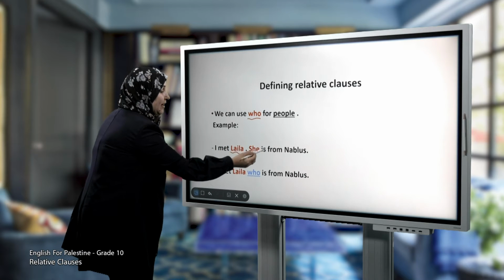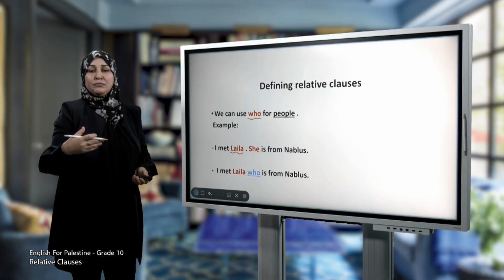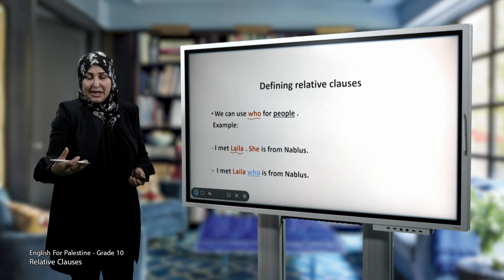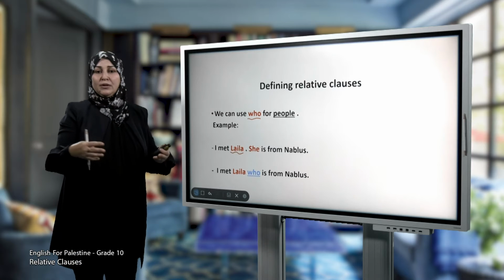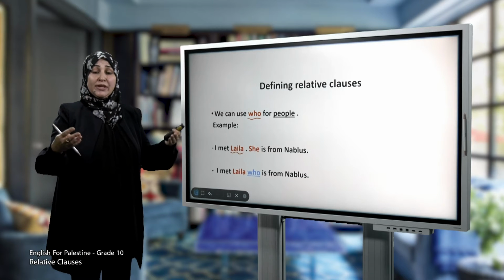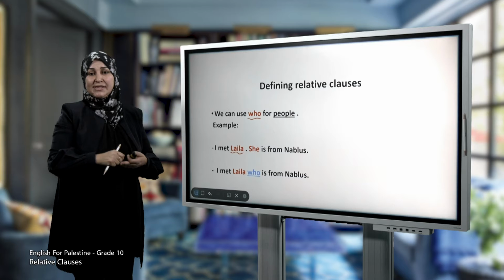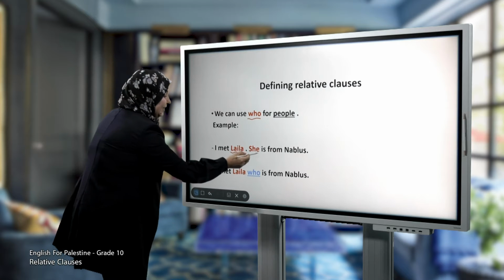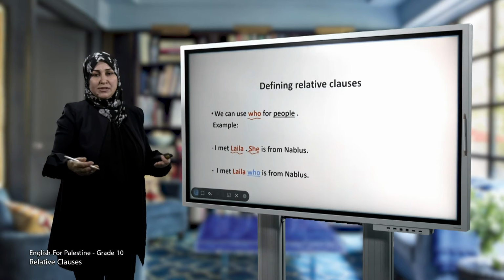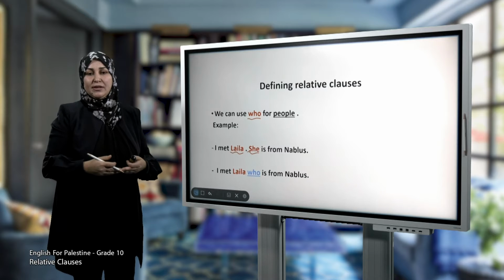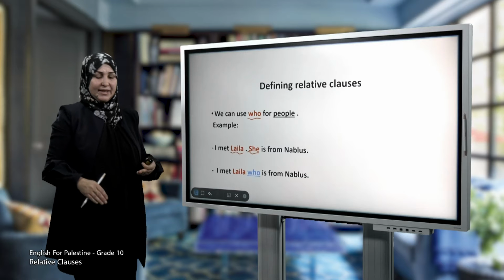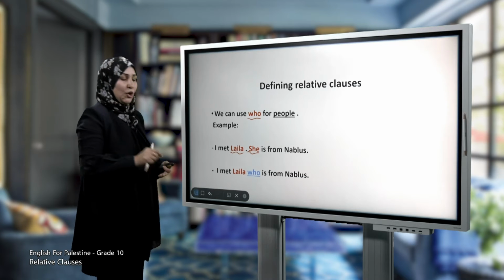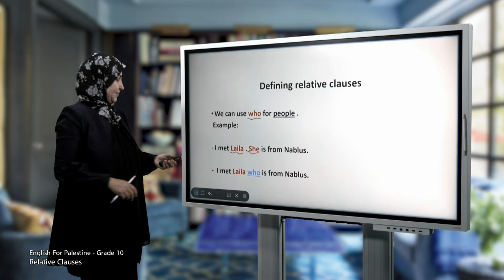I want to add more information about Layla, so I said she is from Nablus. I join these two sentences into one. We are talking about someone, so we use who: I met Layla, who is from Nablus.